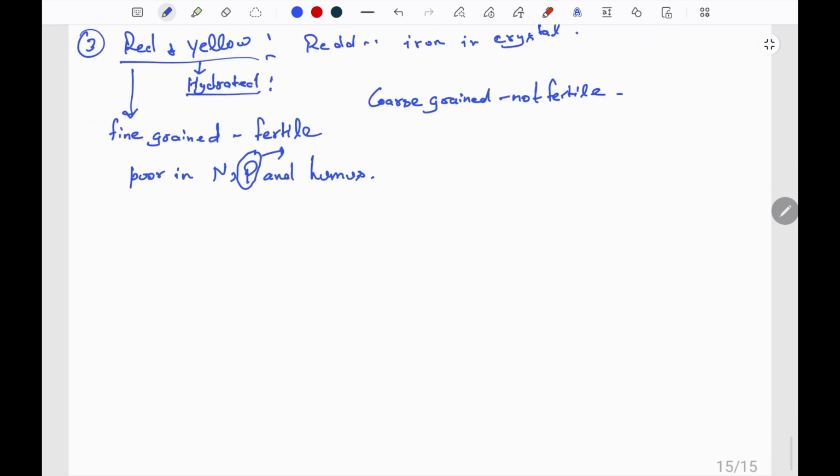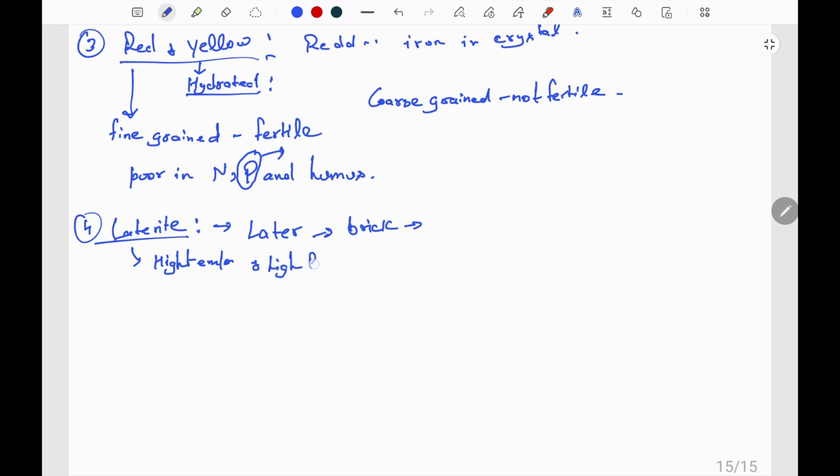Now moving on to the next one, which is laterite. It is derived from a Latin word later, which means brick. It is generally used for brick making. Develops in an area of high temperature and high rainfall.